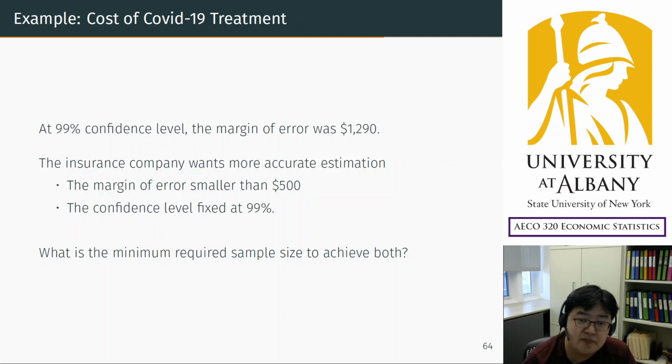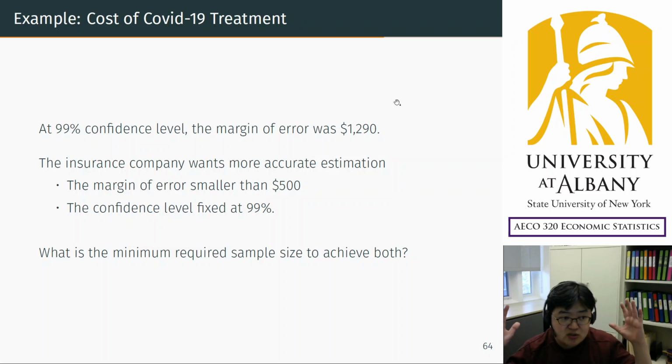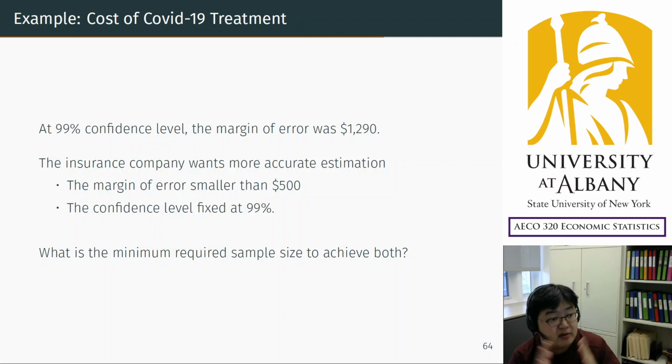But the insurance company may not be satisfied with this margin of error. It is too inaccurate. We'd like to make a more accurate interval estimator. If we could collect more data, then we can reduce the margin of error.